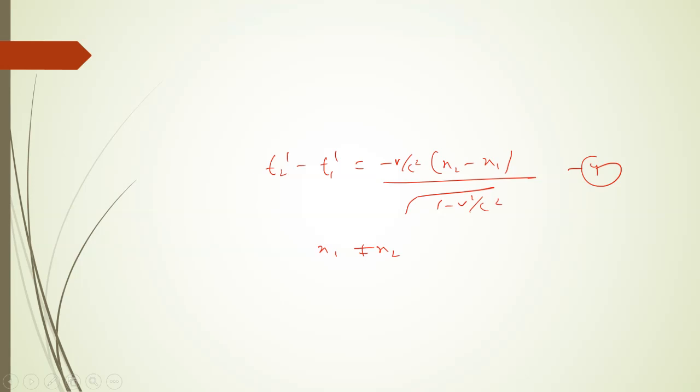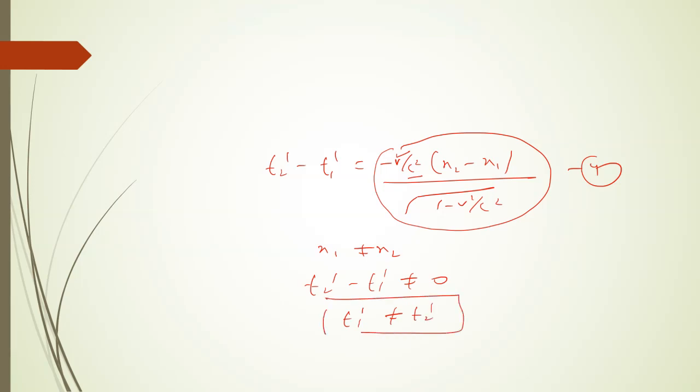If x1 is not equal to x2, then this right side will not be 0, because c is not 0 and v is the velocity of the frame S dash. Then t2 dash minus t1 dash will not be 0. If this is not 0, it means t1 dash will not be equal to t2 dash.